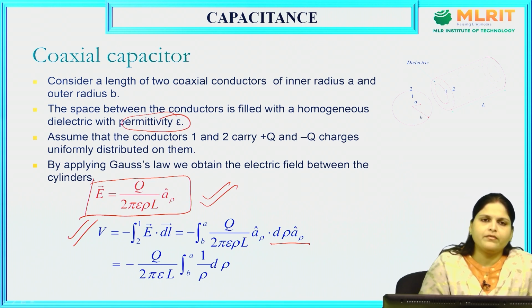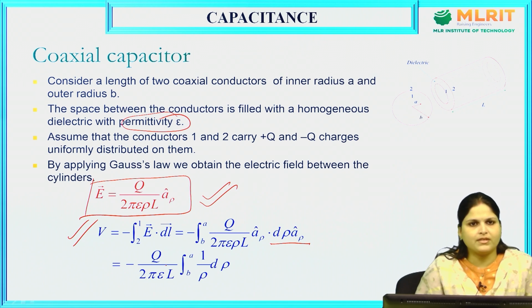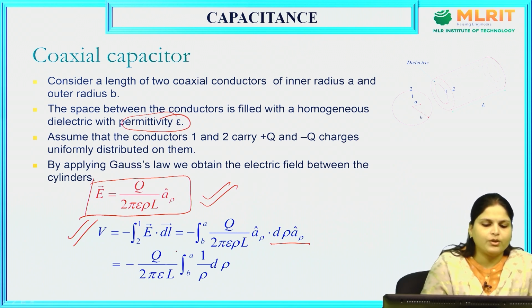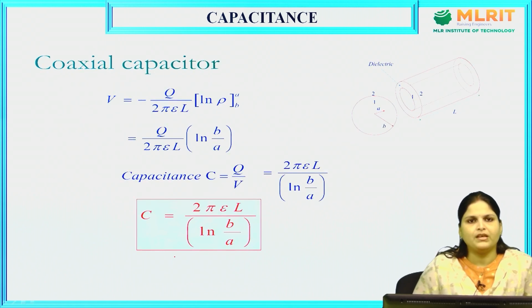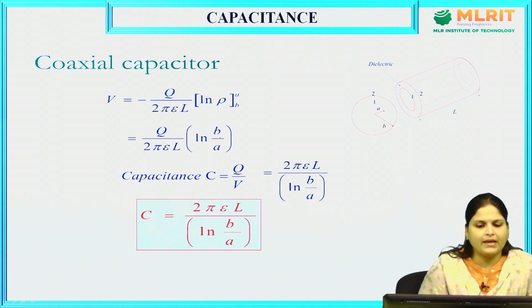So, when we further simplify it, Q upon 2 pi epsilon L will be considered outside as it is constant, and there will be only integration of 1 upon rho with respect to d rho. So, we will get ln rho, and when we put limit we get ln b by a, or it can also be written as ln b minus ln a.